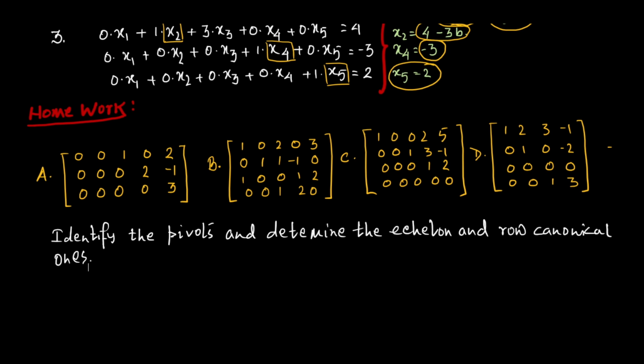In matrix notation, if we restate the same thing, then our objective will be to apply elementary row operations in the augmented matrix in such a way that it gets reduced to an upper triangular matrix or an echelon matrix, or preferably a row canonical matrix.